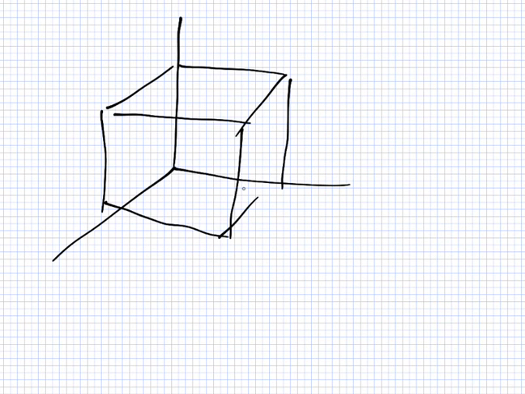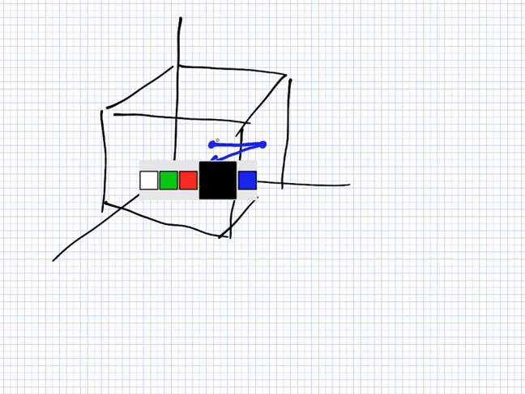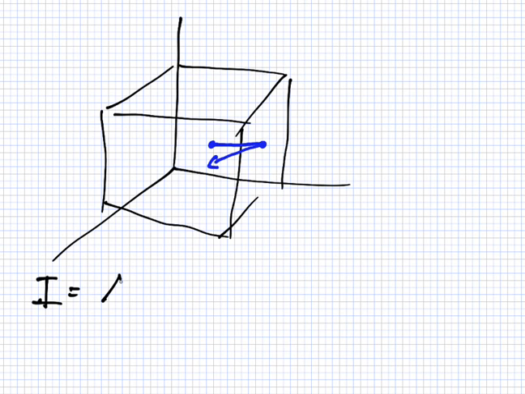Let's have a look at one particle as an example, and it goes along and then it hits the edge of the box and bounces back in a straight line to make it easy. What is the change in momentum for this atom? That's called the impulse. So the impulse is the change in the momentum of this one atom.